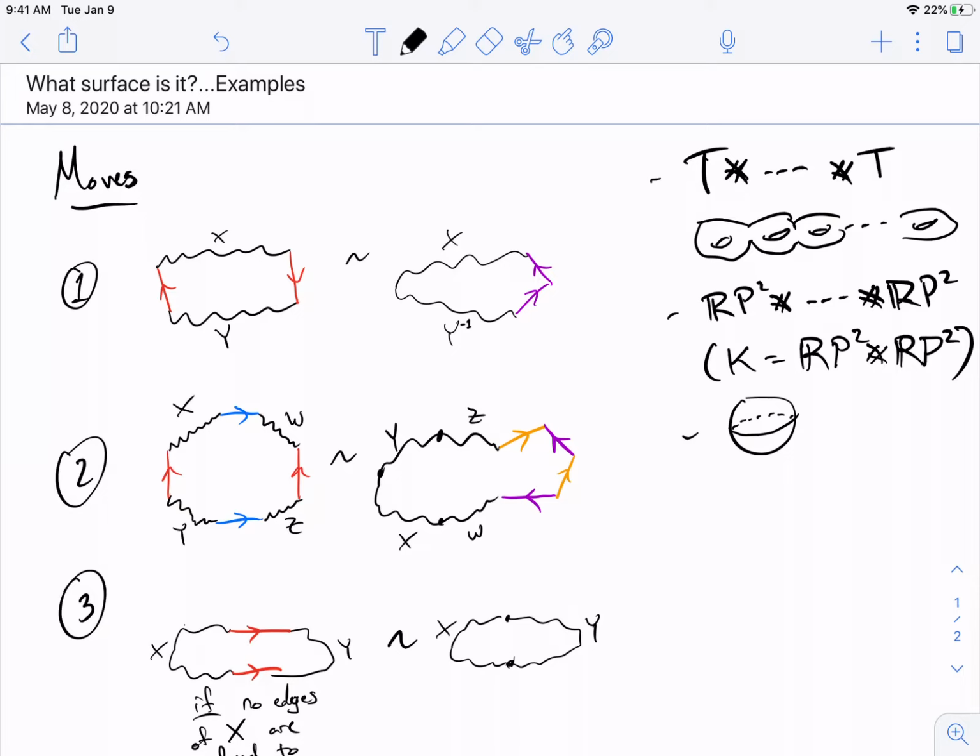And by the way, people have asked this, so let me tell you that one way of representing the sphere as a polygon with edges identified is by taking a loon and just gluing the edges together.